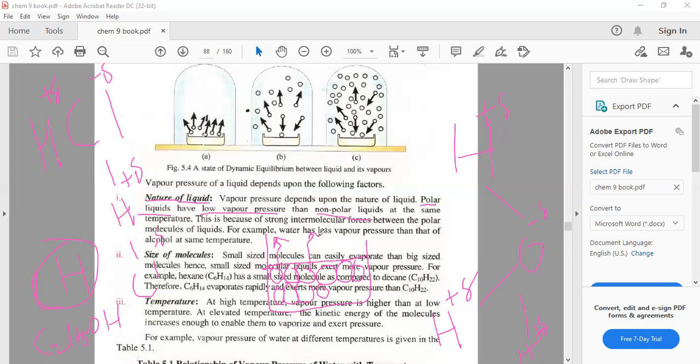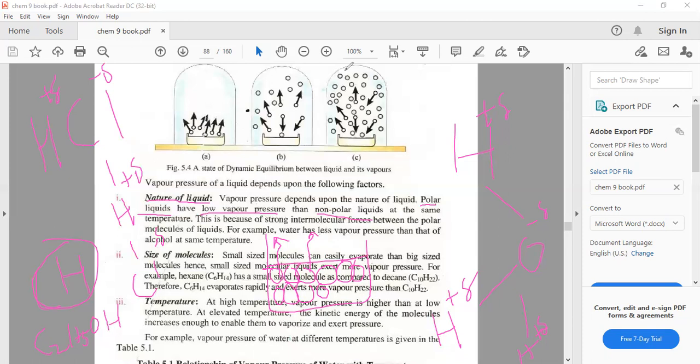In this way, those liquids which do not have poles escape the surface of the liquid quickly and have a comparatively high vapor pressure.